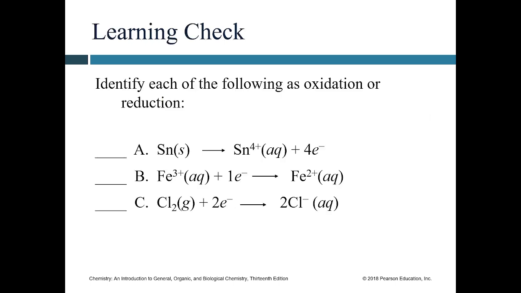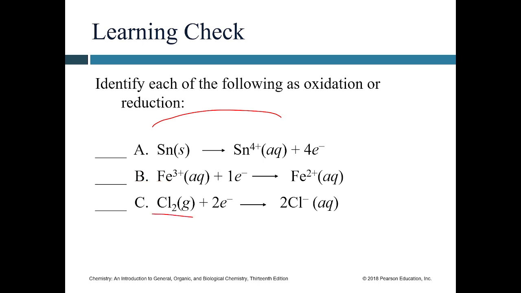Okay? Let's identify each of the following as oxidation or reduction. So is this an oxidation or reduction? So oxidation is where? Yep, oxidation, because we're losing the electrons, right? Okay, this one right here. It's a reduction, because we gained an electron, didn't we?